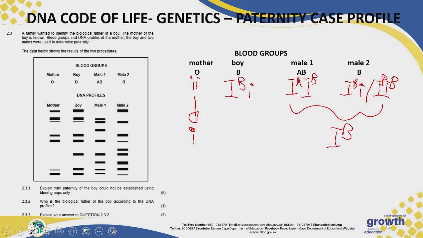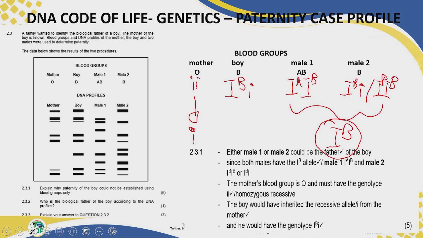So both males, because they have got this IB allele. So if we only use the blood groups, any of those males, because of that IB allele, can be a possible father. So that is the explanation there for the blood groups.